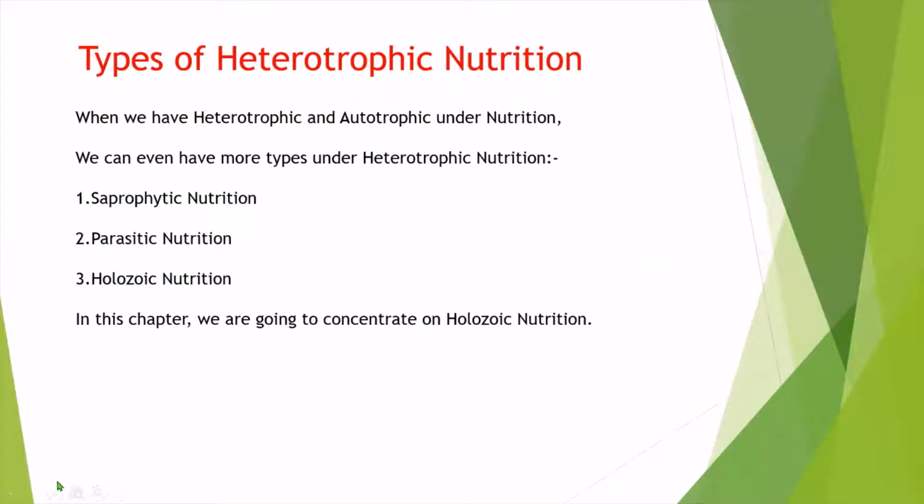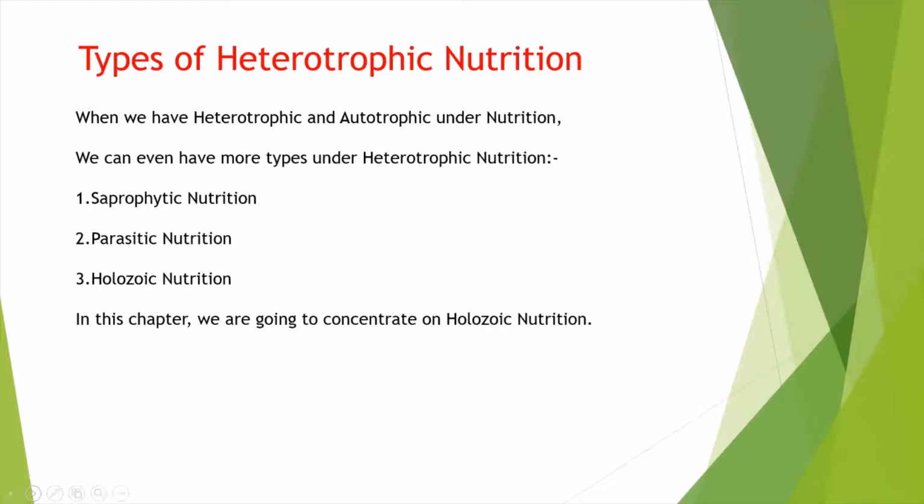So let's come to types of heterotrophic nutrition. When we have heterotrophic and autotrophic under nutrition, you can even have more types under heterotrophic nutrition also, right? The first one is saprophytic nutrition, then parasitic nutrition, and holozoic mode of nutrition.